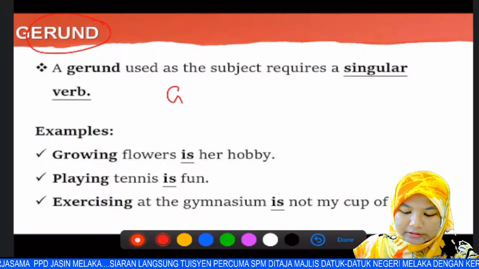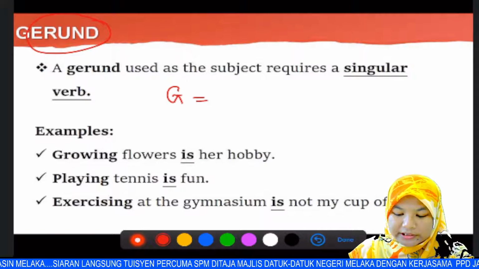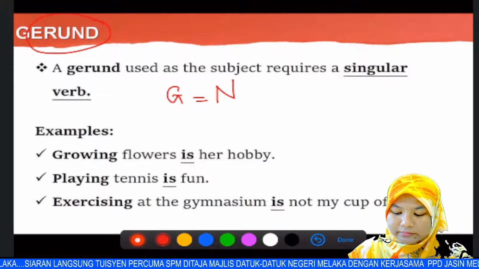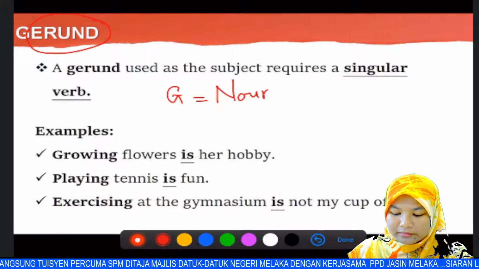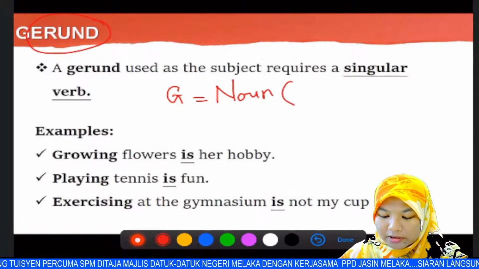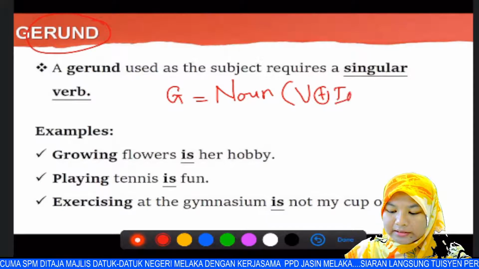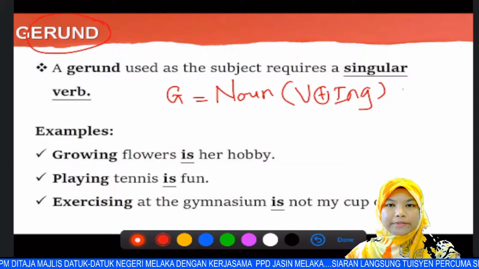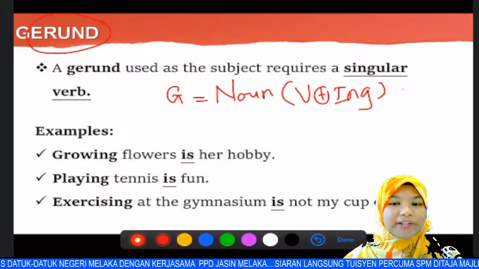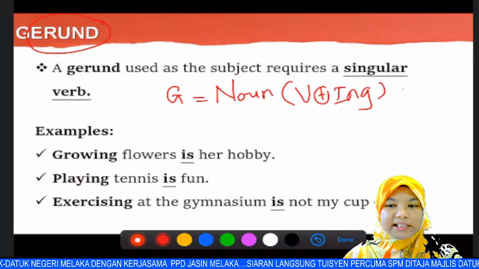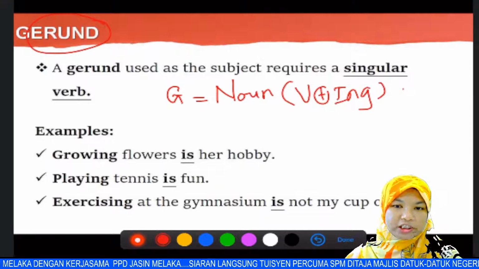A gerund is a noun derived from a verb plus ing. Gerund is a type of noun, but it is originally constructed using verb plus ing.